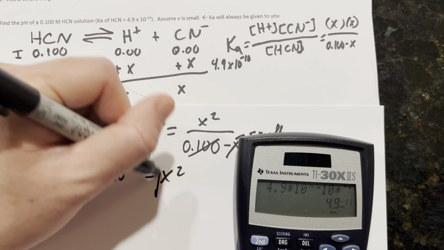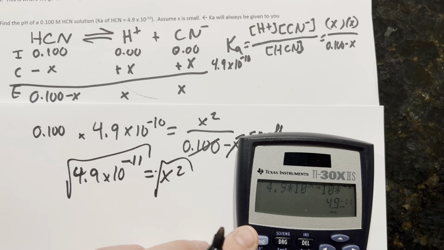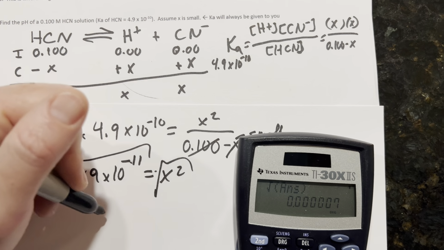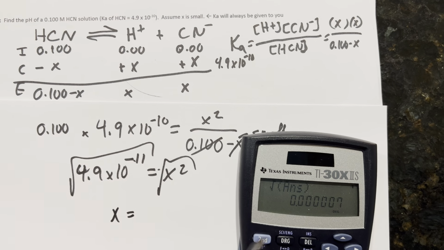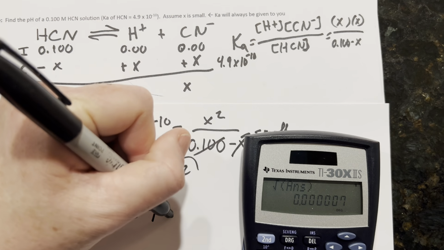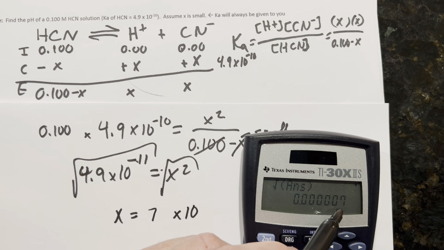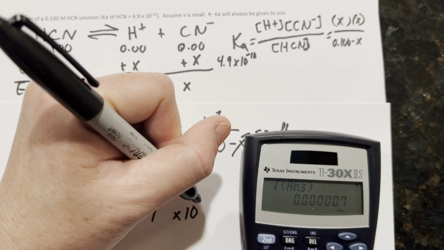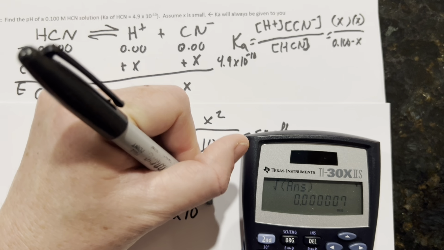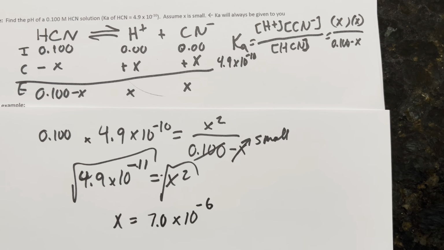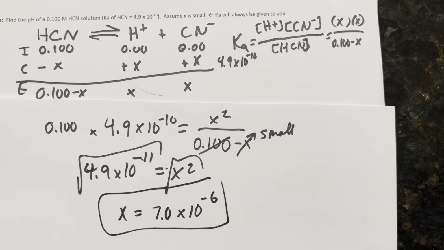You're just going to take the square root of both sides to solve for X. It tells me X is equal to 7 times 10 to the negative 6. More specifically, 7.0 times 10 to the negative 6.